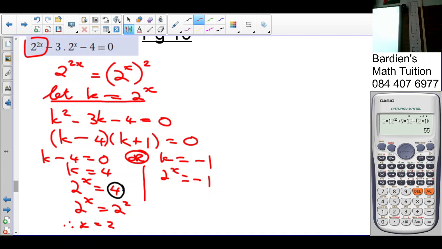Can negative 1 be written as a base of 2? No. So what's going to happen here? Either you just put a line through there, or you write no solution, one of the two. Okay. Any confusion there, people?